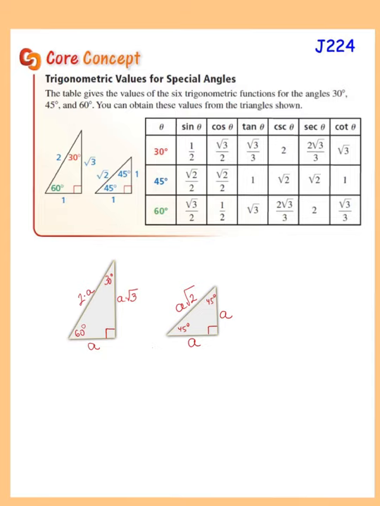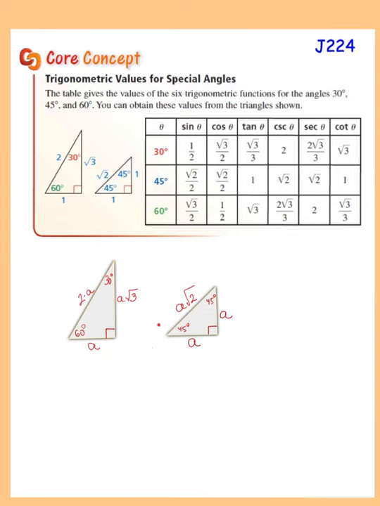The shorter leg is a, the longer leg is root 3 times a, and the hypotenuse is twice a. If I replace the value of a by 1, then I get 1 for the shorter leg, 1 times the square root of 3 for the longer leg, and 2 times 1 for the hypotenuse.